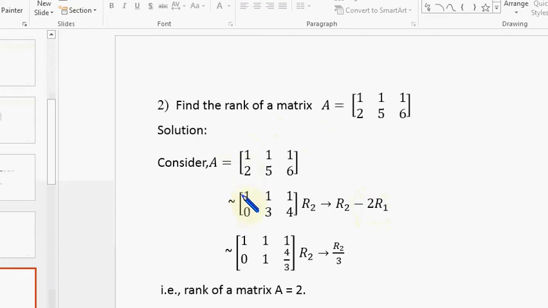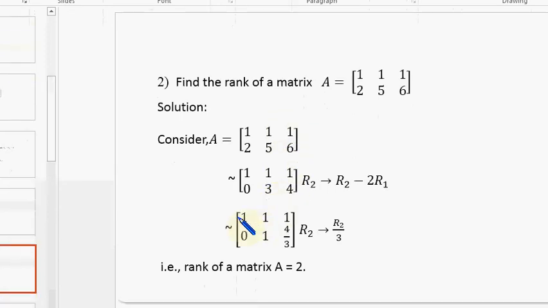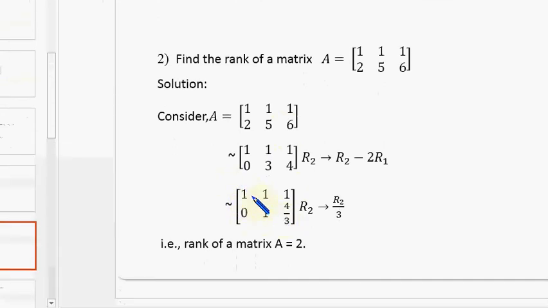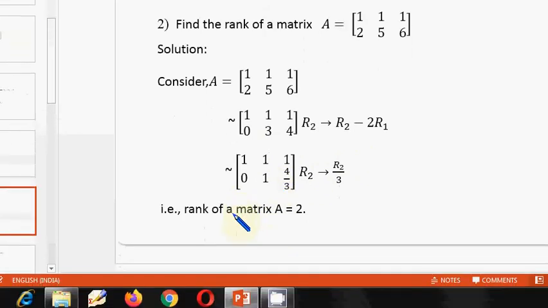So that gives 1 1 1, and 0, 3, 4, 4: 5 minus 2 is 3, 6 minus 2 is 4. We can observe the diagonal element is to be made 1, so I can take R2 as R2 by 3. Therefore the non-zero rows are 2, so the rank of the matrix is 2.